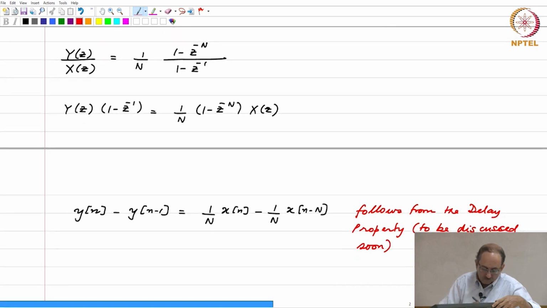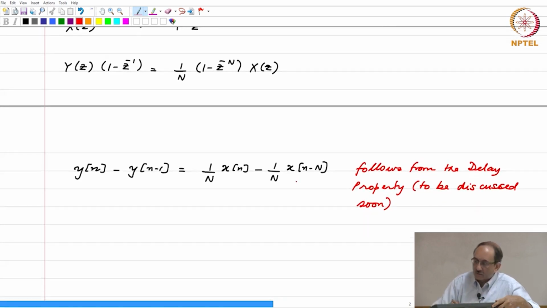Assuming for the moment that this is indeed true, you get this, and rearranging, we can see that this is exactly the same equation that we had seen earlier. So y of n is nothing but y of n minus 1 plus the update.